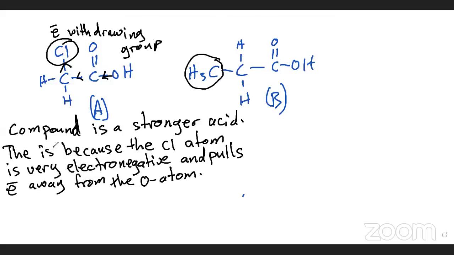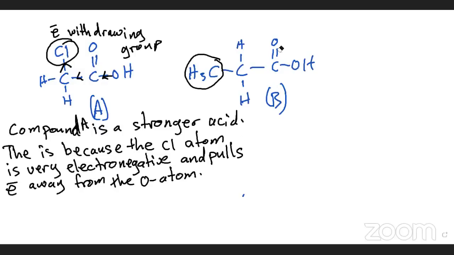The compound A is a stronger acid because the chlorine atom will pull away electrons from the oxygen atom.